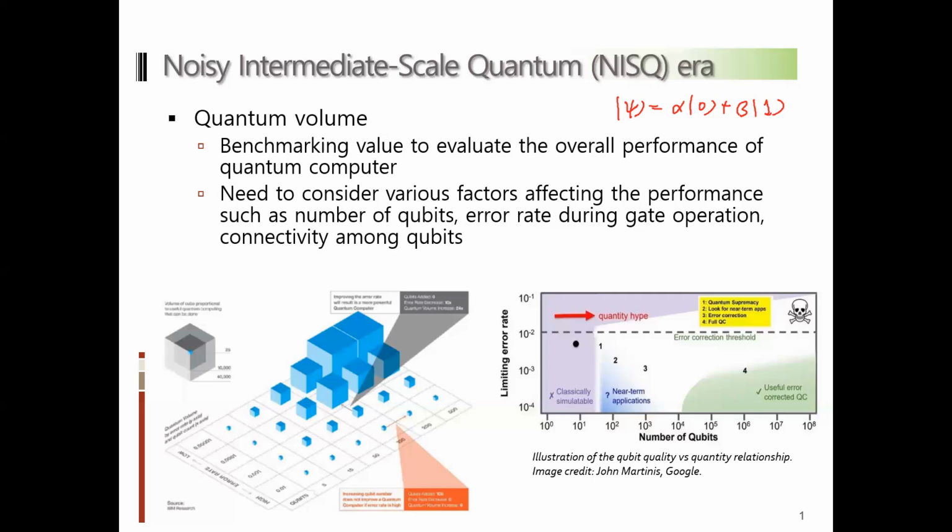I showed you that Shor's algorithm, in principle, can break something called the RSA protocol, which I will introduce in the next lecture. However, if you really think about how many qubits we need to break the current RSA system, you need at least a few thousand qubits, or more realistically tens or hundreds of thousands of qubits.